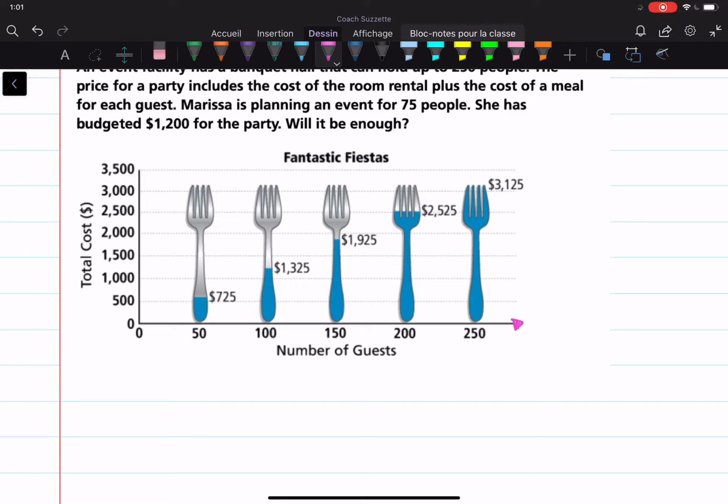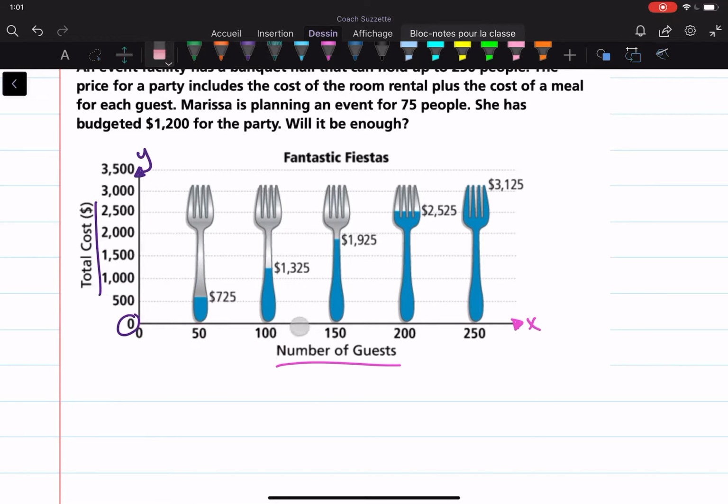The x-axis here represents the number of guests. So 0 guests, 50 guests, 100 guests, and so on. And then the y-axis here represents the total cost for the party. So $0, $500, $1,000, and so on.